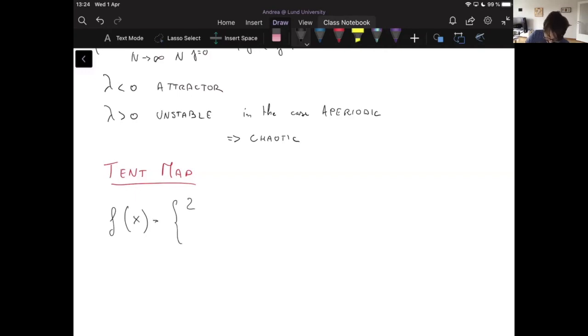It has two regimes. One like this, when x is between 0 and 1/2, and then one like this, when x is between 1/2 and 1.